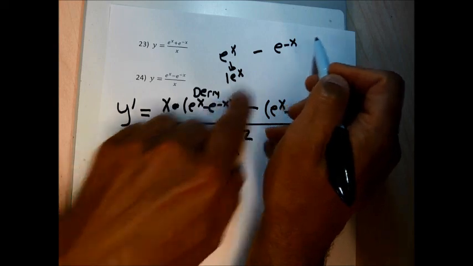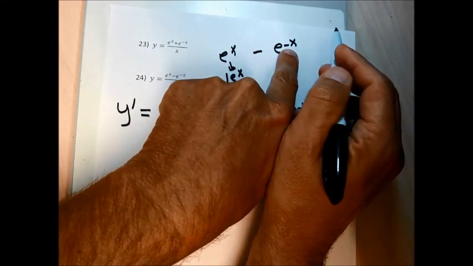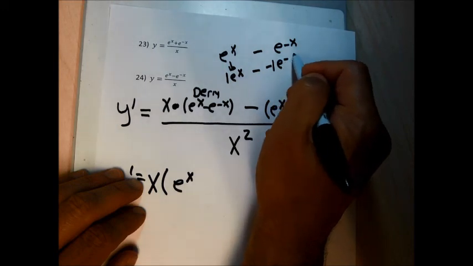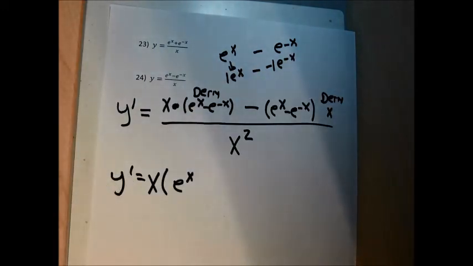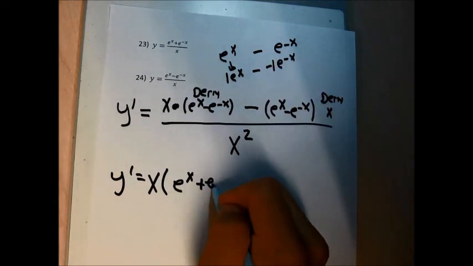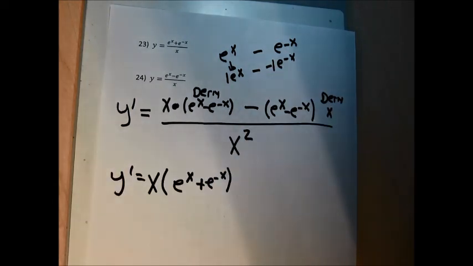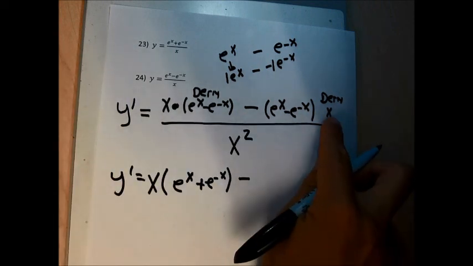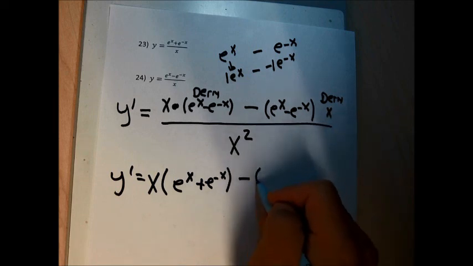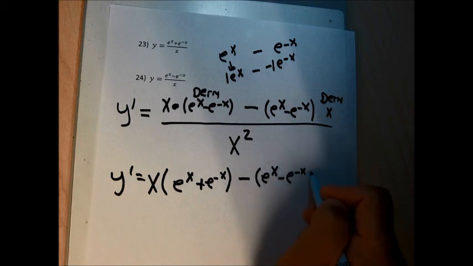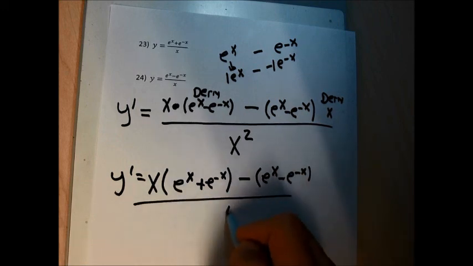The derivative of negative x is negative 1, so I get negative 1 times e to the negative x. And that double negative I'm going to make a positive, so I write positive e to the negative x. And then minus, I have to take the derivative of x, which is just 1. That's going to be e to the x minus e to the negative x all over x squared.